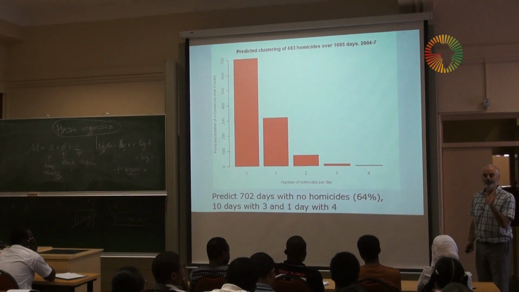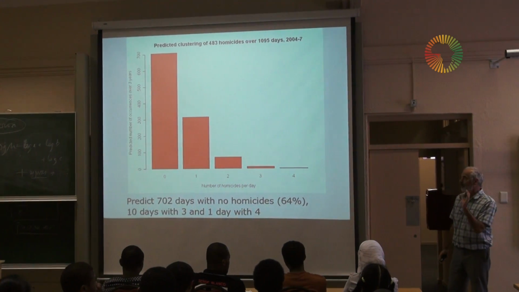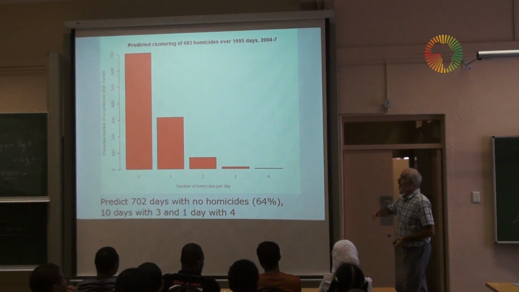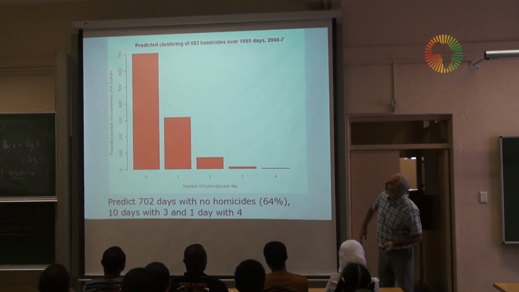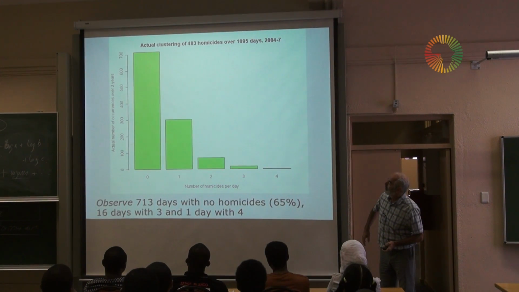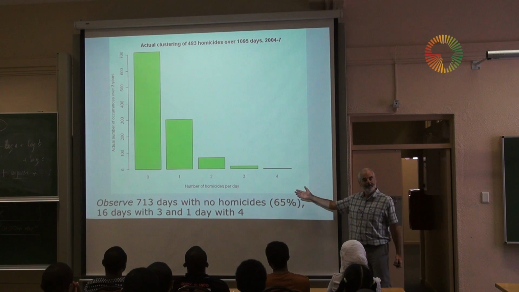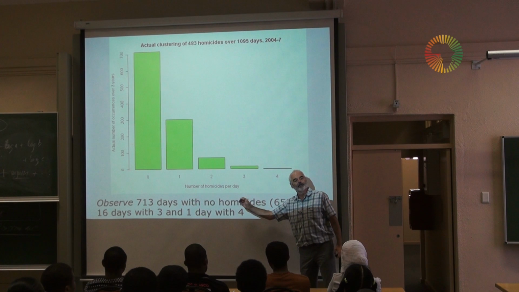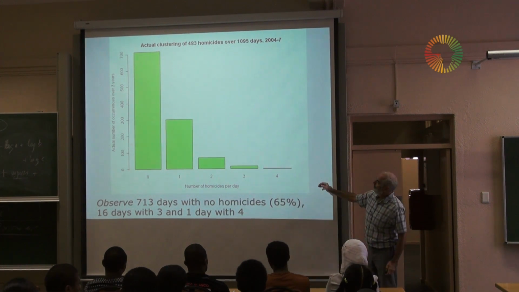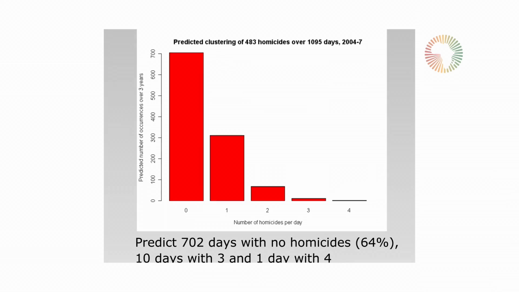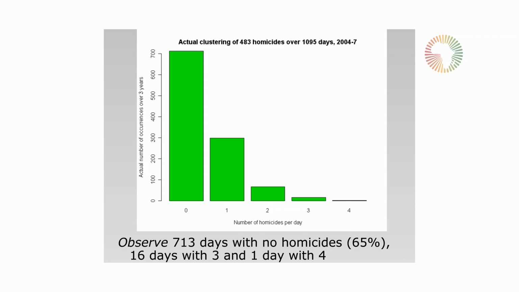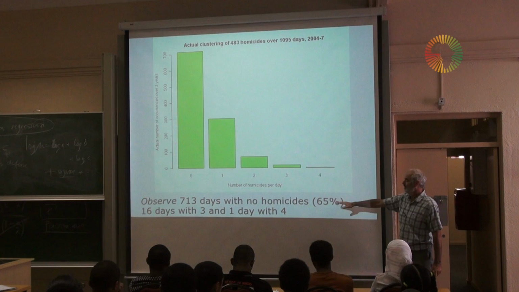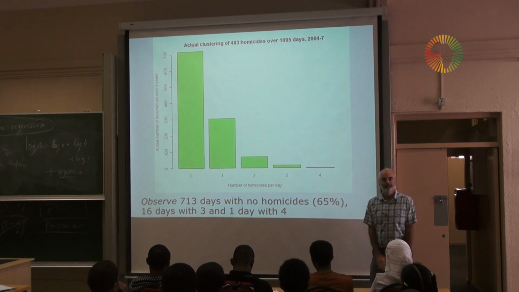So that's the Poisson distribution. That's what we're predicting, what we would see. And this is what actually was the data, which is amazing. The data fits the Poisson distribution unbelievably precisely. So you see, that's the predicted, that's the Poisson distribution. That's the actual observed data. There were actually 713 days with no homicides, 16 days with 3, and 1 day with 4.